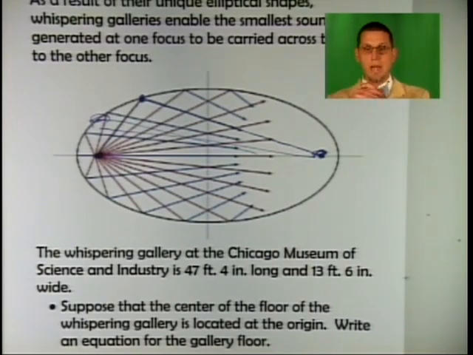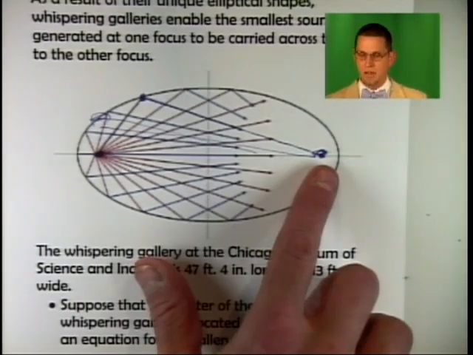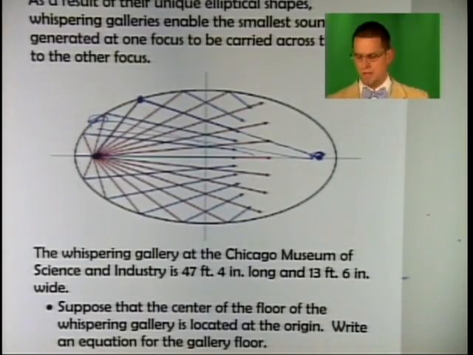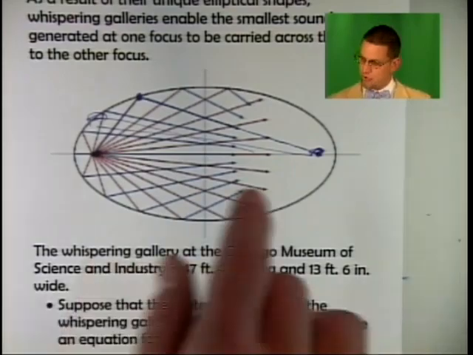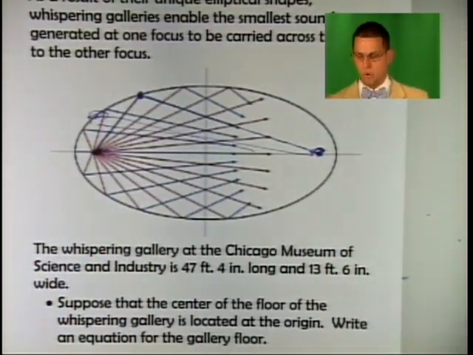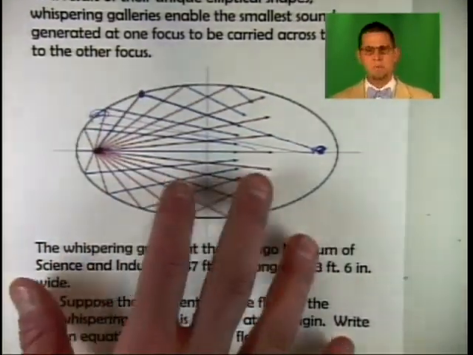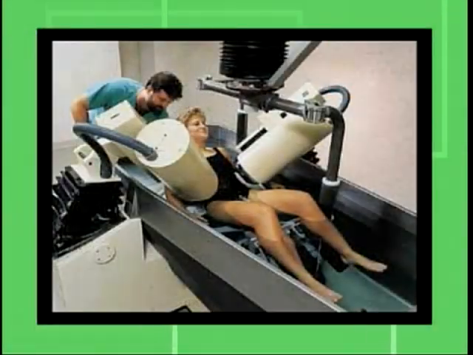And so your sound, that whisper, is magnified through that one little spot. Okay? And now if you're working with light waves, this could be a mirror that transmits things from one focus to the other.